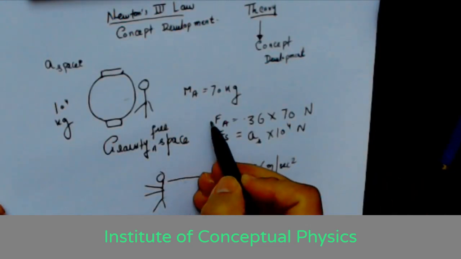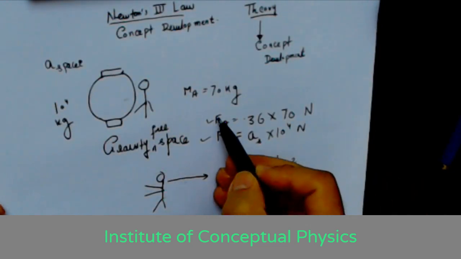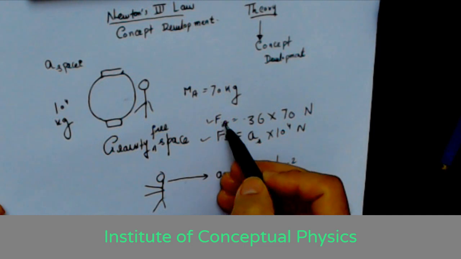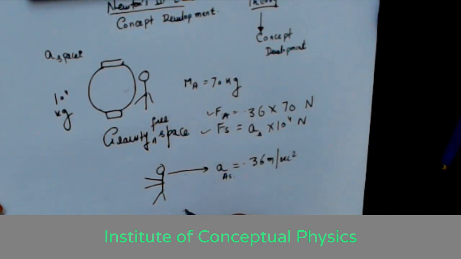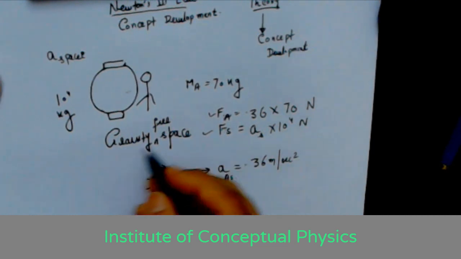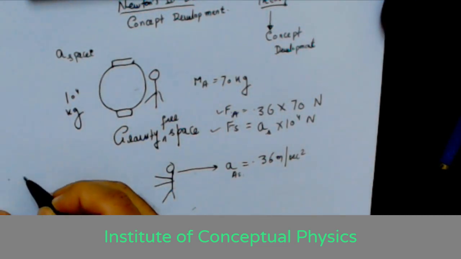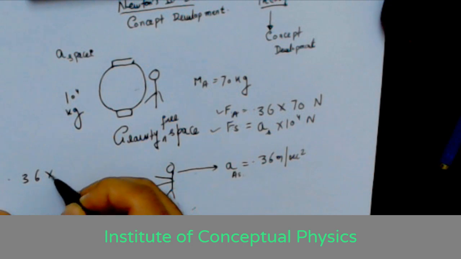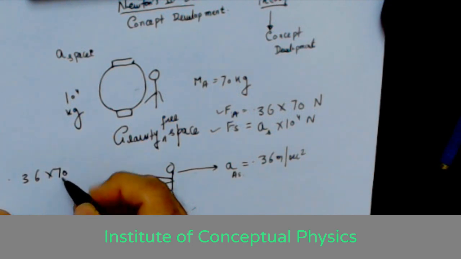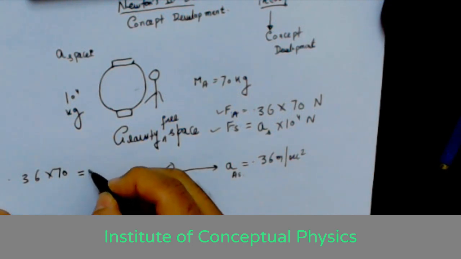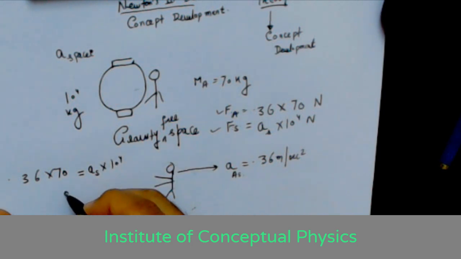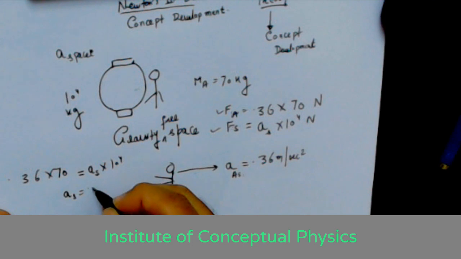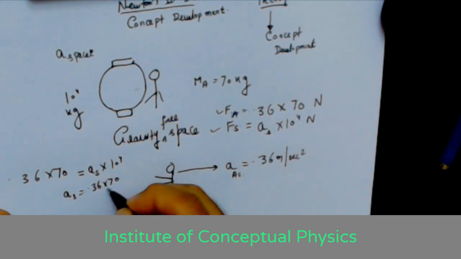Now we know action and reaction occur in pair and are equal and opposite. So I put the magnitude of these two as equal, and I write 0.36 into 70, which is the reaction on the astronaut, is equal to the acceleration of the spacecraft multiplied by 10 raised to power 4. So the acceleration is given by 0.36 into 70 divided by 10 raised to power 4.